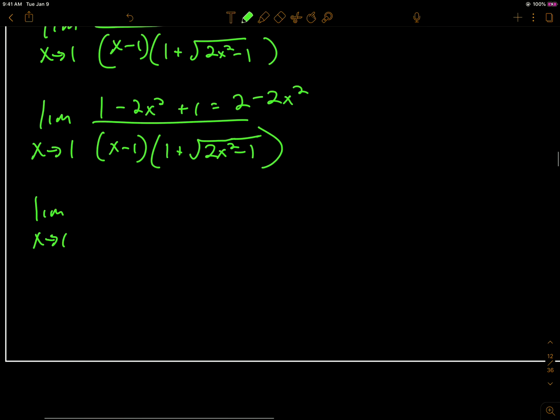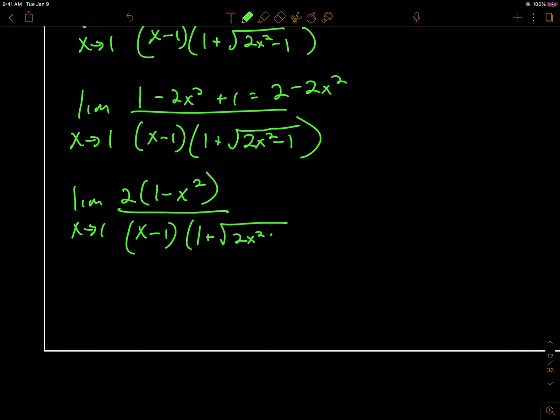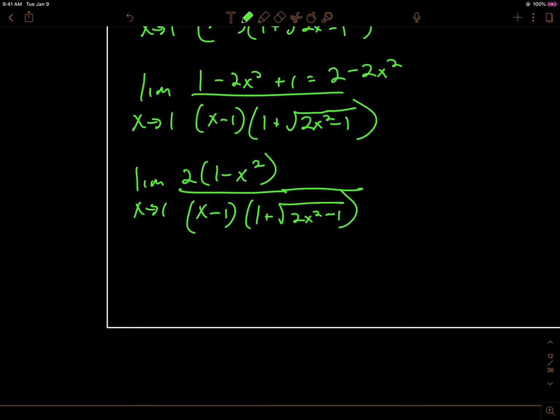So what I can do with that is common factor out a 2. Remember, my goal is I want to get that x minus 1 factored out of the top. Here's a trick the AP test loves to get you with. If I factor the top as is, I would get 1 minus x and 1 plus x, but I need x minus 1.